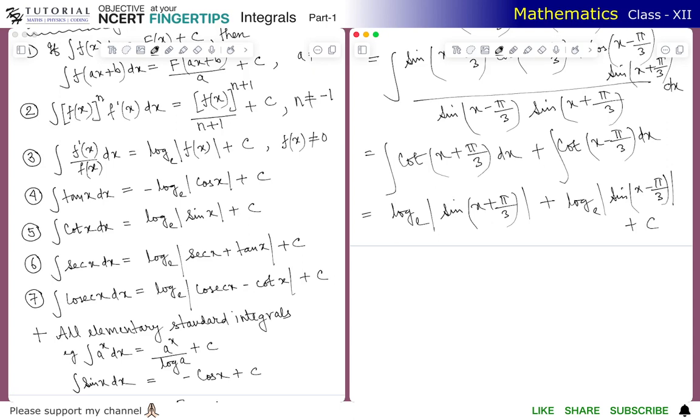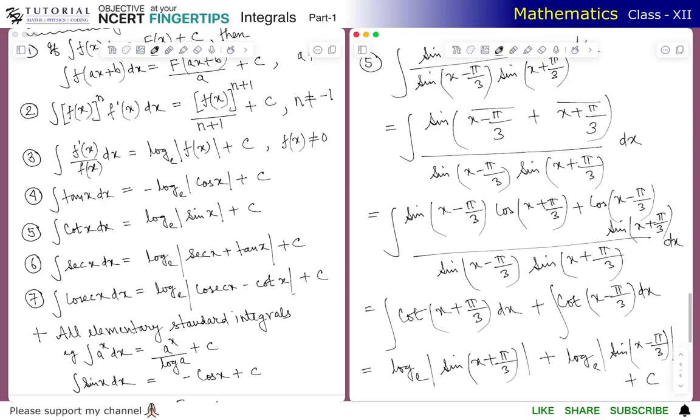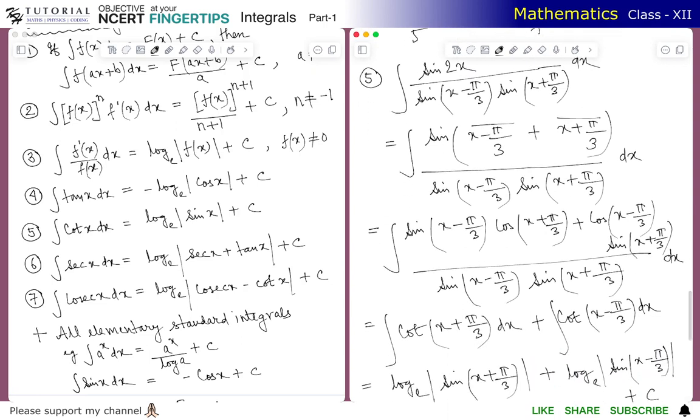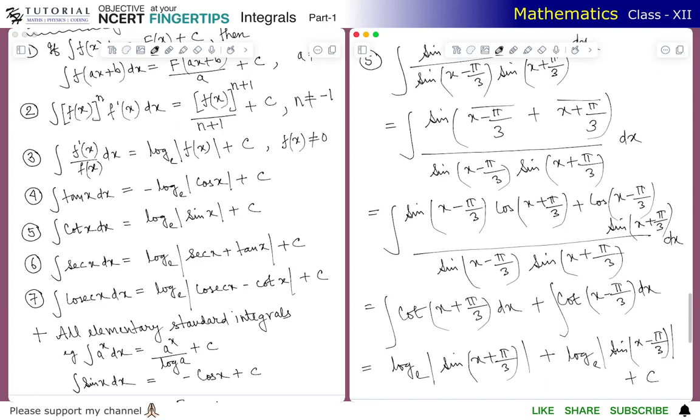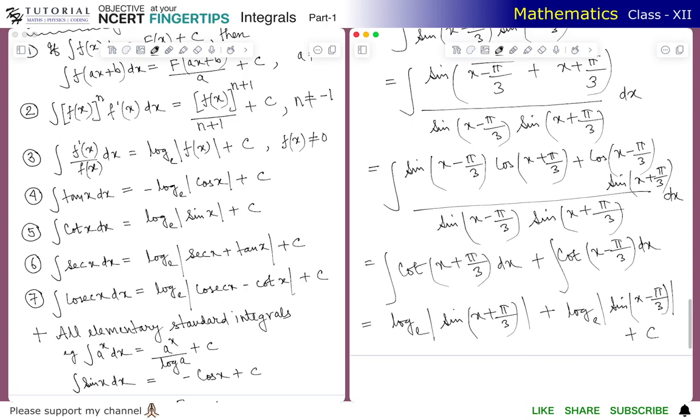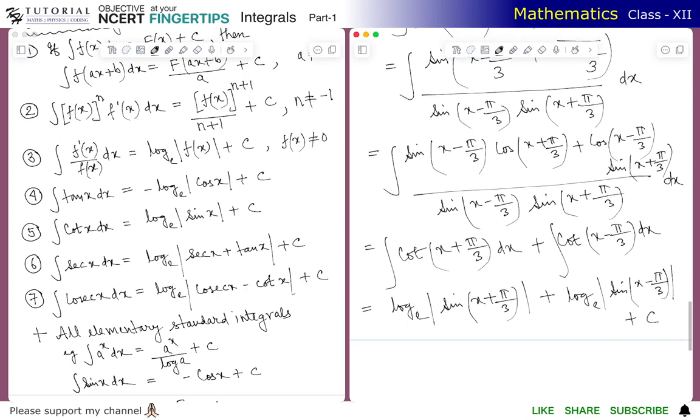Okay, now you can merge the two log terms. I hope I did it right. Let me check once again. Sin 2x is x minus pi by 3 plus pi by 3. We have sin(A+B), which is sin A cos B plus cos A sin B. Over here sin(x - pi/3) cancels out, we get cot(x + pi/3), and over here the second term sin(x + pi/3) cancels out, and we get cot(x - pi/3).